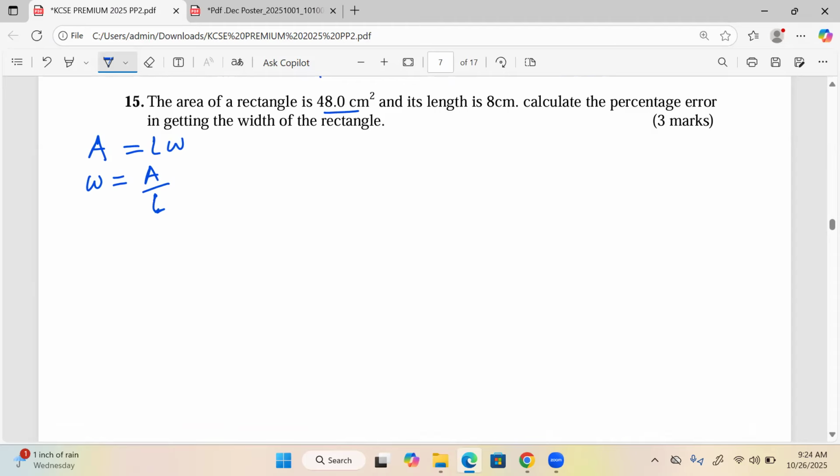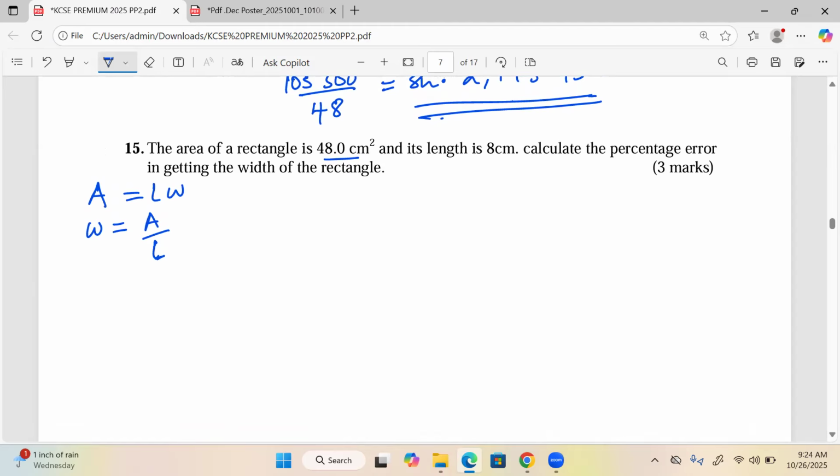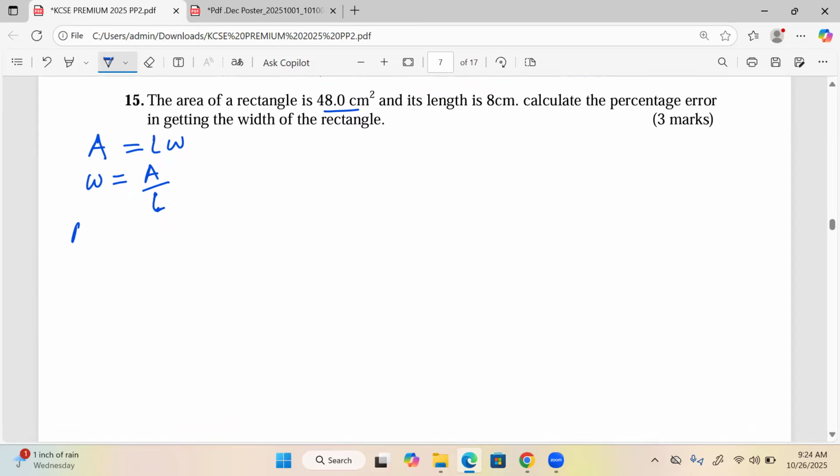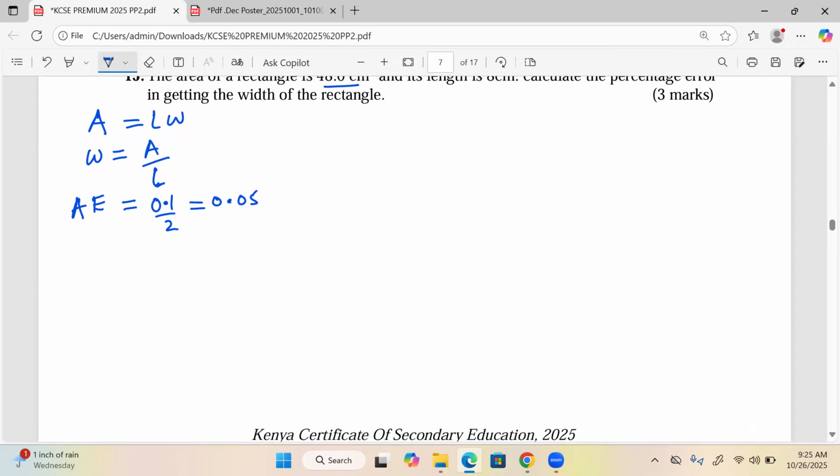So we can say that if the accuracy is 1 dp, that is 0.1, then we can check the limits within the area, whereby we will say we need to get absolute error in the recording of area. Absolute error in the area shall be accuracy out of 2, 0.05.